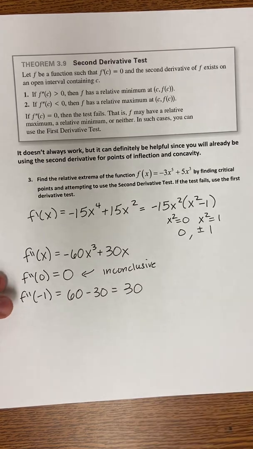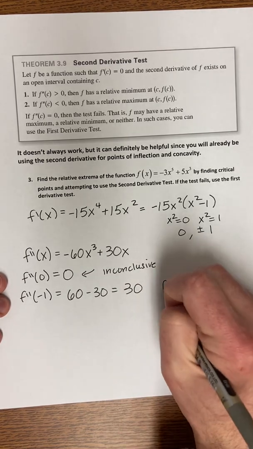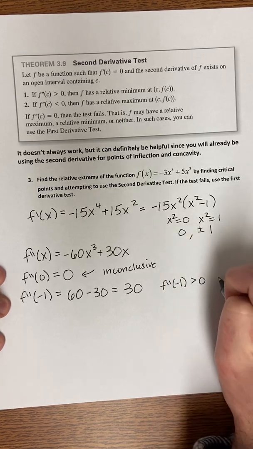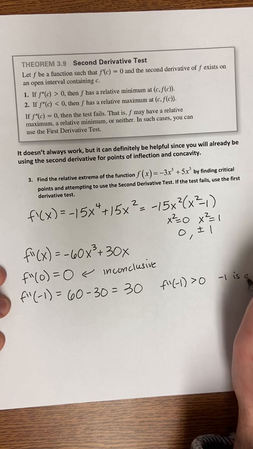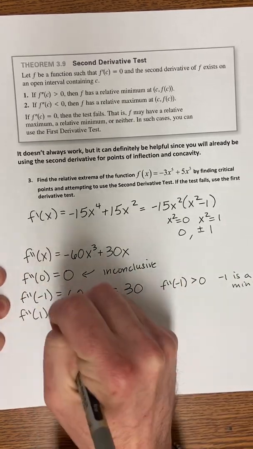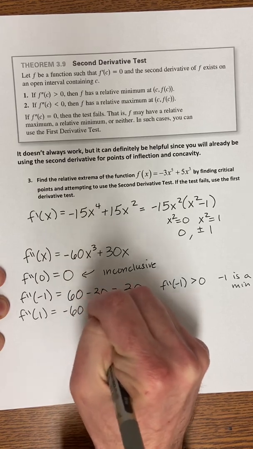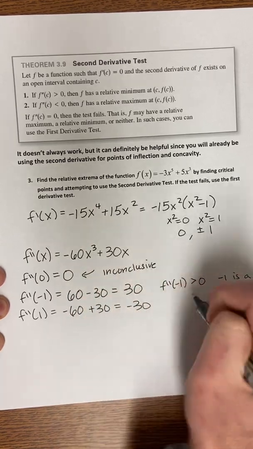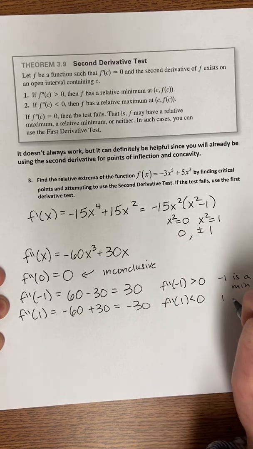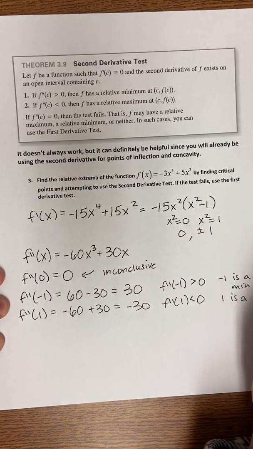So what that really means is that at negative 1, since f double prime of negative 1 is greater than 0, this is a minimum. Similarly, if we plug in positive 1, we get negative 60 plus 30, which is negative 30, which implies that 1 is a max.